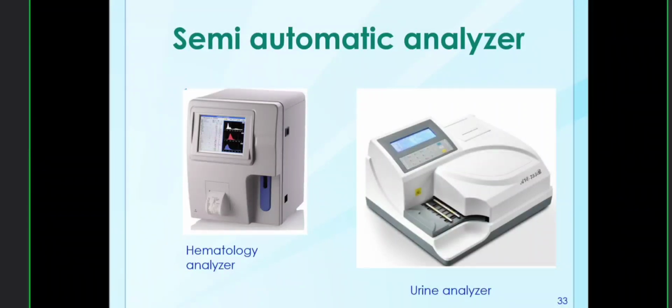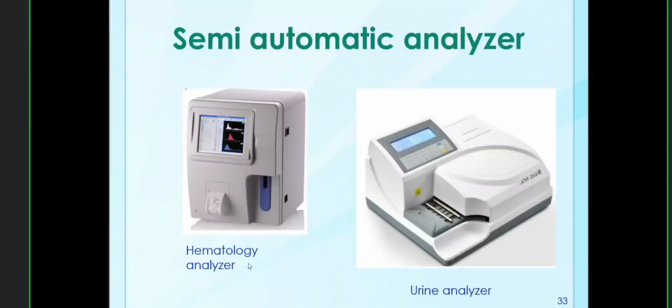For example, some hematology analyzers and urine analyzers. We can see these two machines are just semi-automatic analyzers. The items tested in these analyzers are limited.